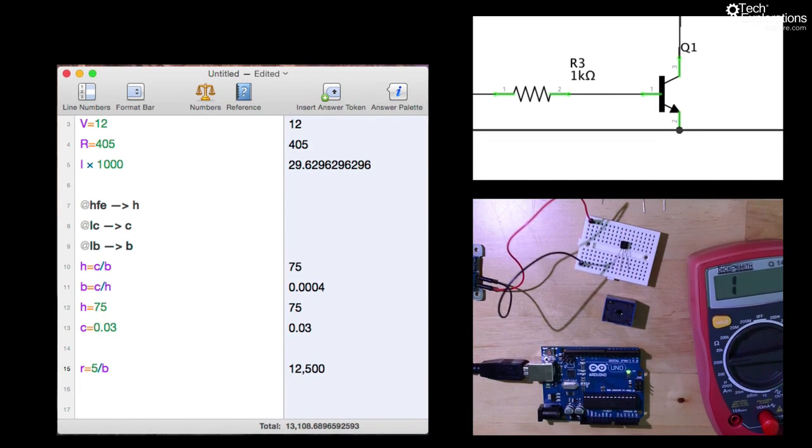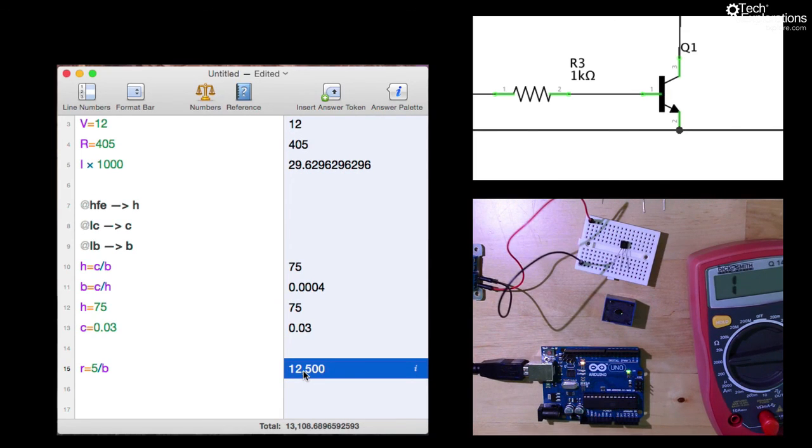B, right? So 0.004 amps, or 0.4 milliamps. So eventually I find that my current limiting resistor should be around 12.5 kilo ohms. So I'll go for something like 12 or 13, which will be good enough.